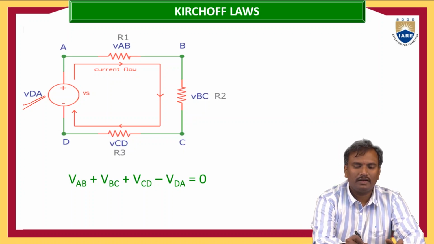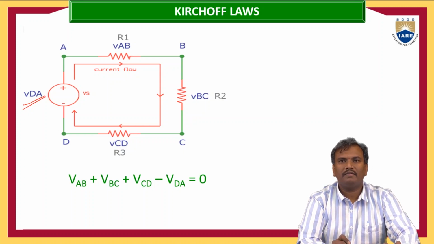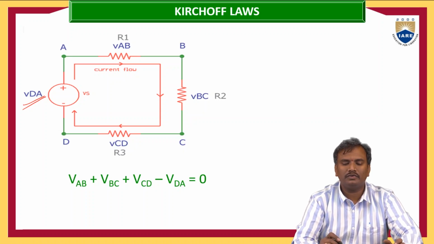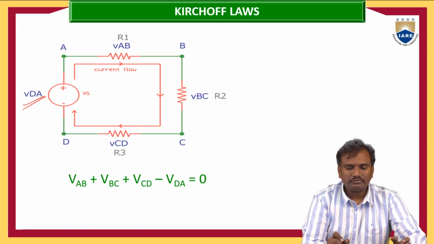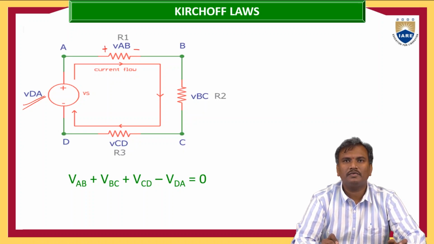If we are going to write the KVL for this circuit, we have to give the directions for the voltages, that is sign convention, that is positive and negative.